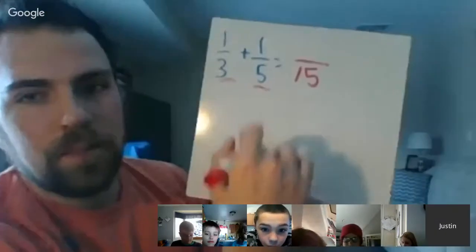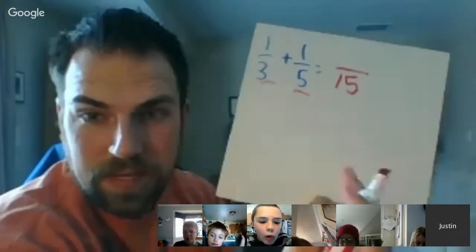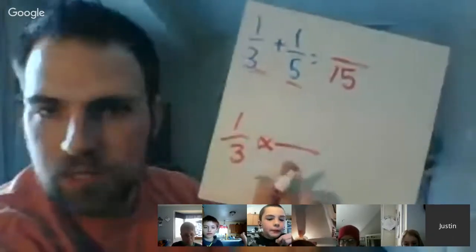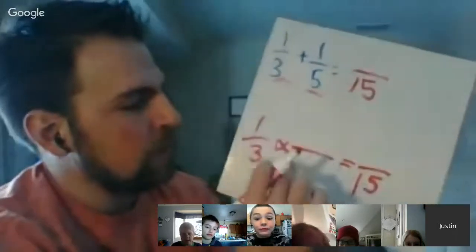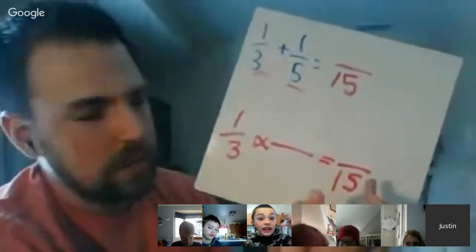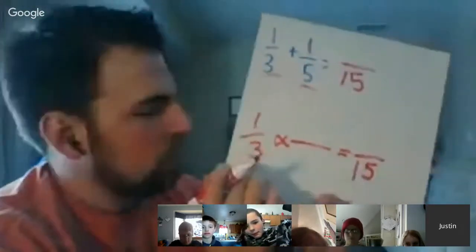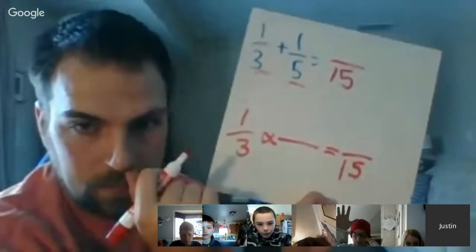I have a little saying that I say to myself when I'm doing this: Dylan, mute yourself, please. 1/3 times something, and I just put an empty fraction, equals something over 15. Now I work backwards. What do I need to multiply with 3 to get 15? Corinne?